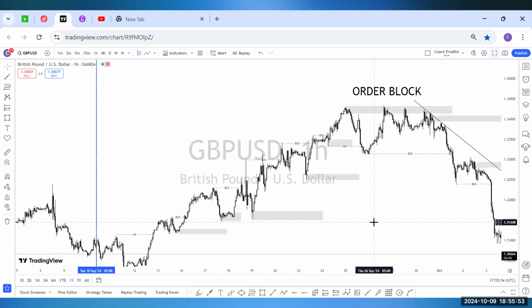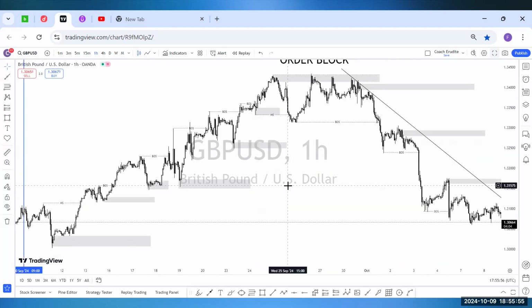So I actually digress a bit so that we can understand the trend. In as much as you are trying to mark out your structure with break of structure or market shift or understanding order block, please have the trend in view in your mind, either in the front of your mind or at the back of your mind, anywhere you want to put it. Always follow the trend. All right.